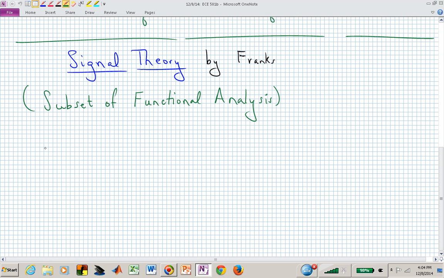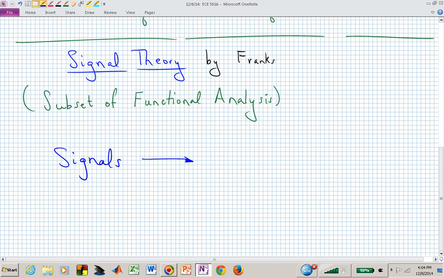Here we are going to be thinking about signals, and the way that he is presenting the idea of a signal is typically when we have a signal that's carrying some kind of information.